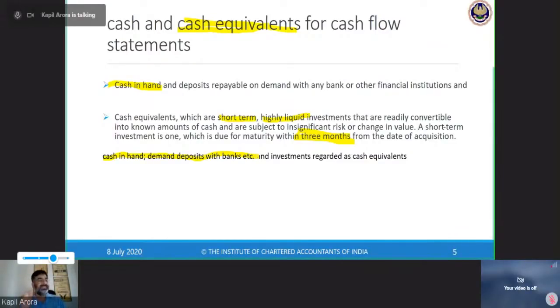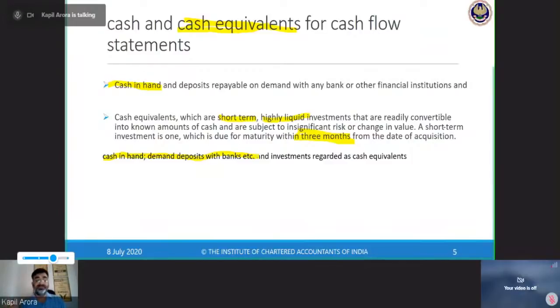You can sell the asset. Yes, commercial papers could be there, you can sell those. You can sell those shares in the market quickly.